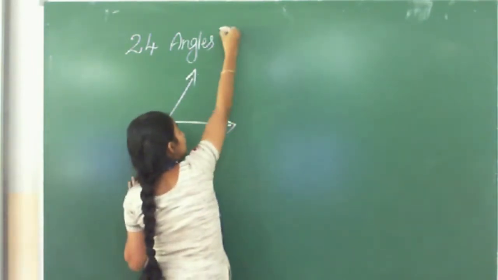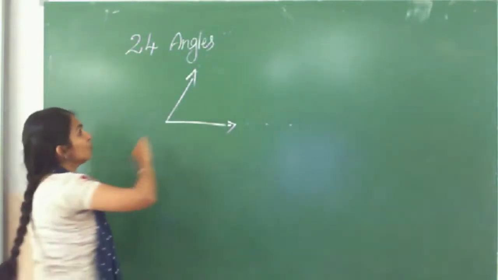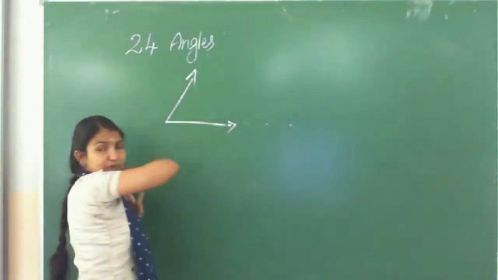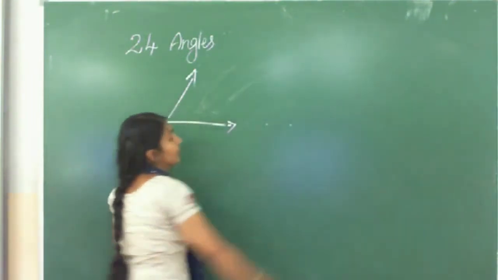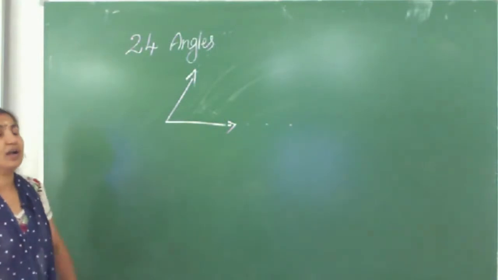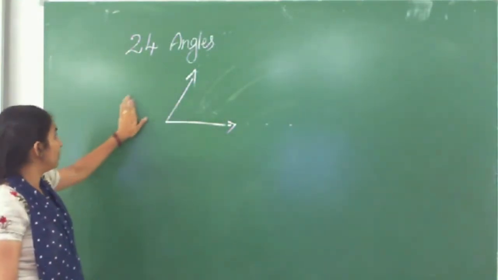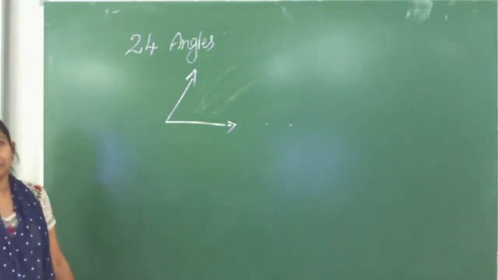See, it is moving towards this side. So what is there inside? It does not end at this place. All this area is coming under the interior of this angle, and the other part is the exterior of that angle.